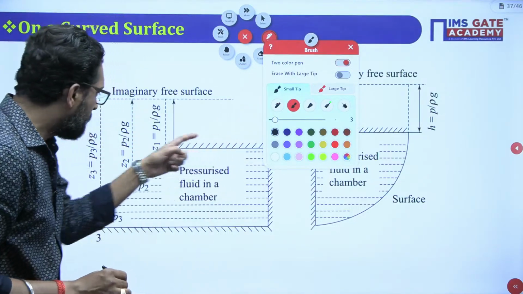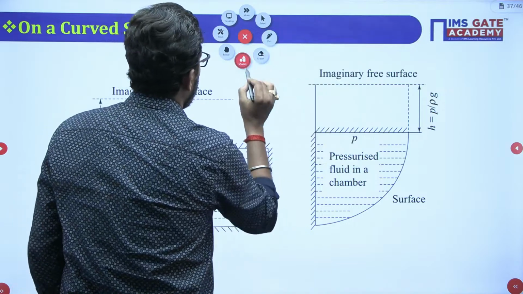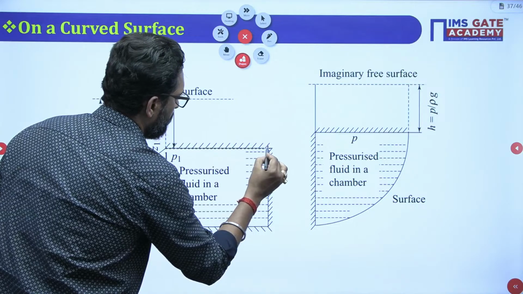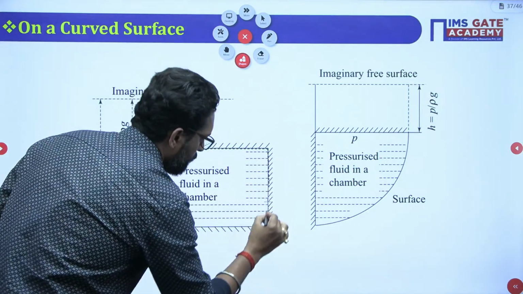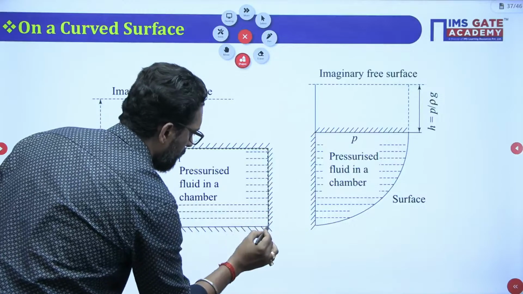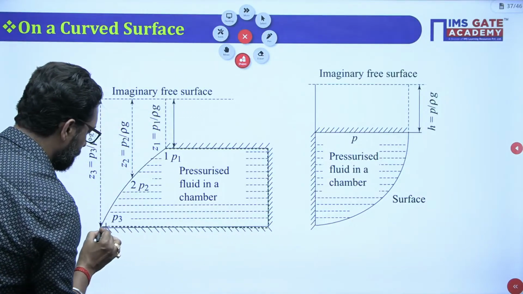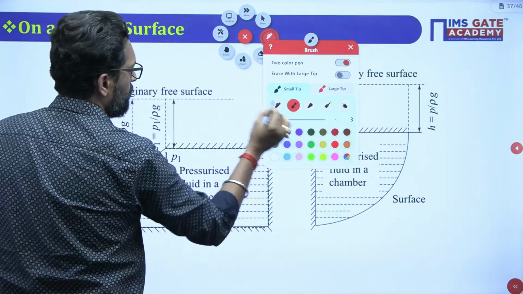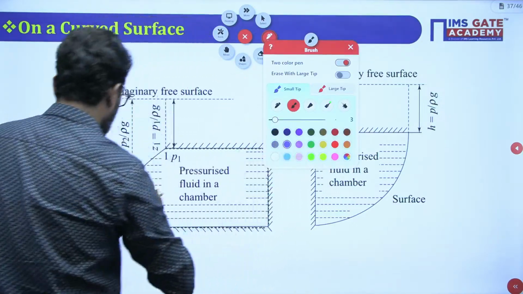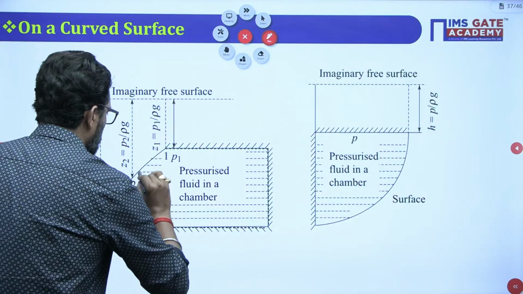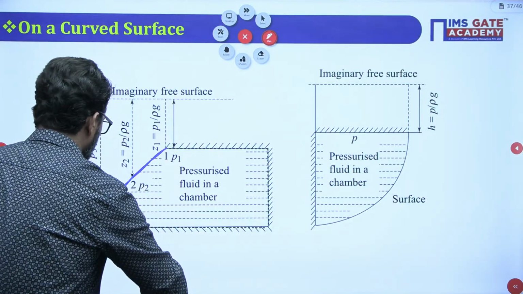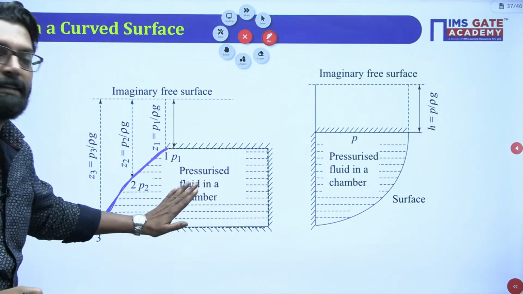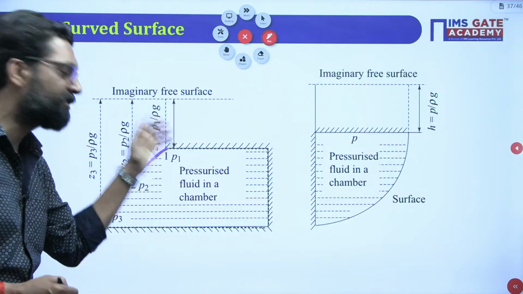That means there is a tank, and there is a curved surface. This is your curved surface, and this is your pressurized tank. That means there is a pressurized fluid in the chamber.